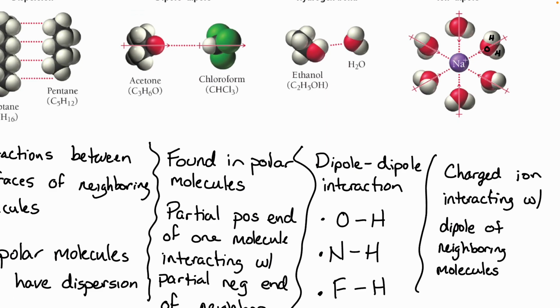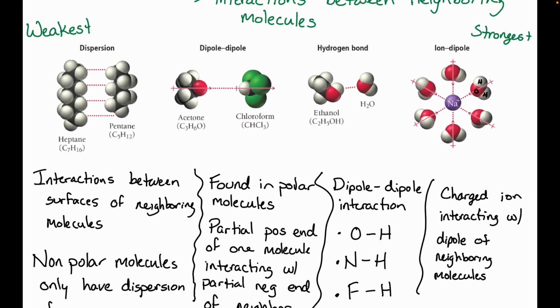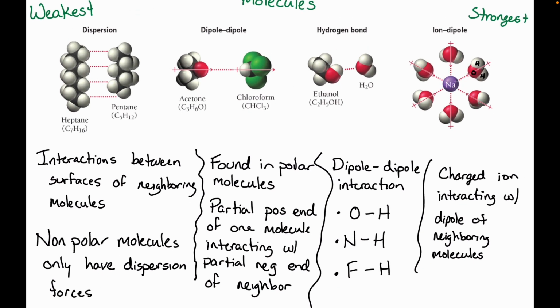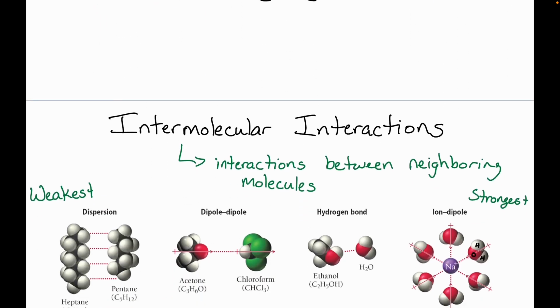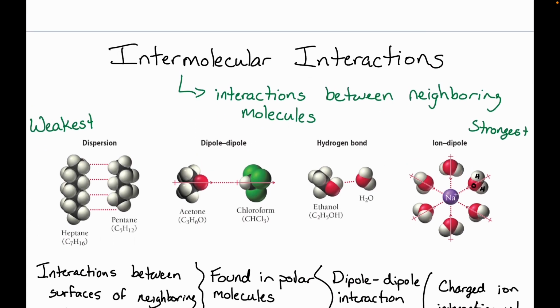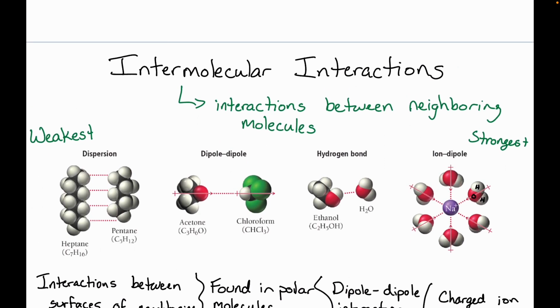Cool? All right, so the first thing we want to be able to do before we move on is tie this into the "like dissolves like" concept. We introduced that and then we beelined it and started talking about intermolecular interactions. We'll tie these two together. But first, if I give you the structure of a molecule, you should be able to tell me the strongest intermolecular interaction it has.